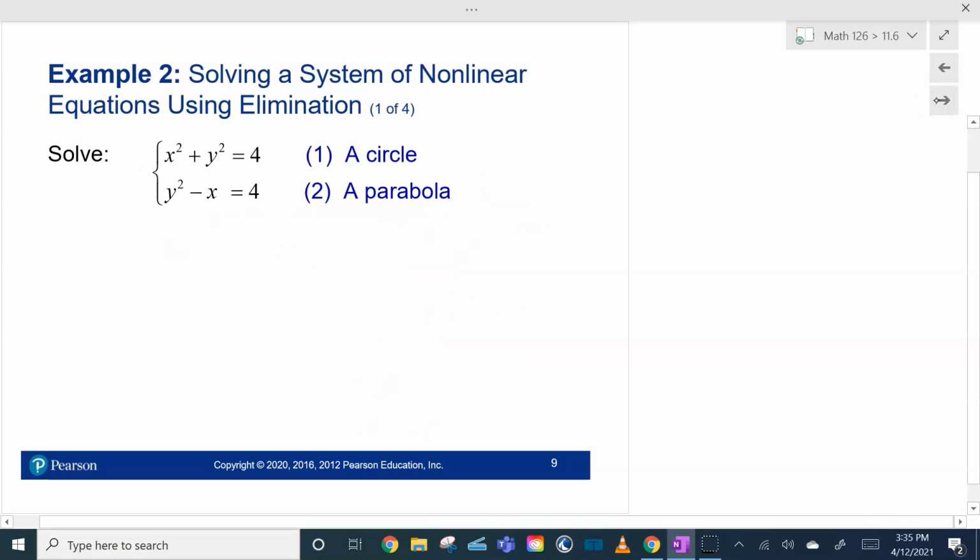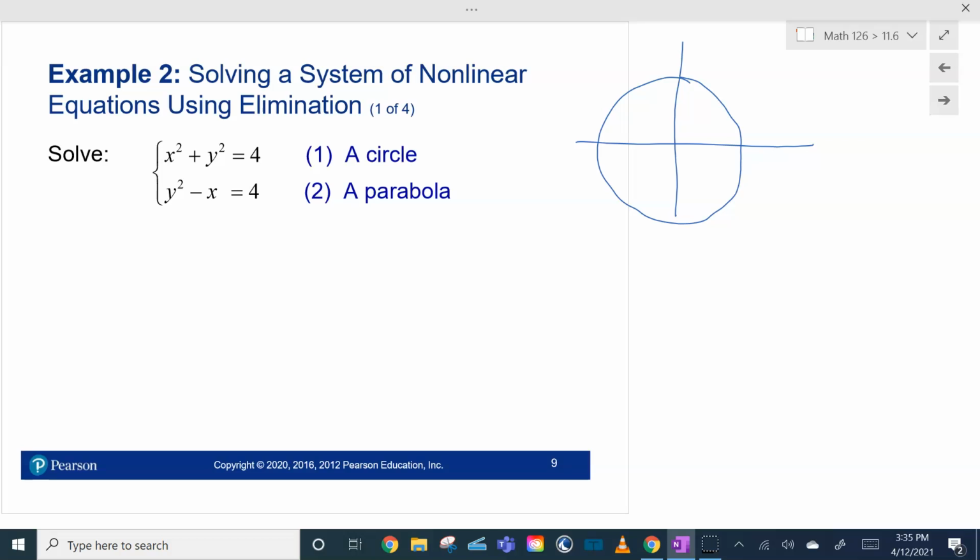All right, let's look at another one now, where we've got a circle, x squared plus y squared equals 4, and then we've got this parabola, okay? If you were to punch this into Desmos, x squared plus y squared equals 4, you've got the circle with a radius of 2. And then you've got this parabola that opens up to the right.